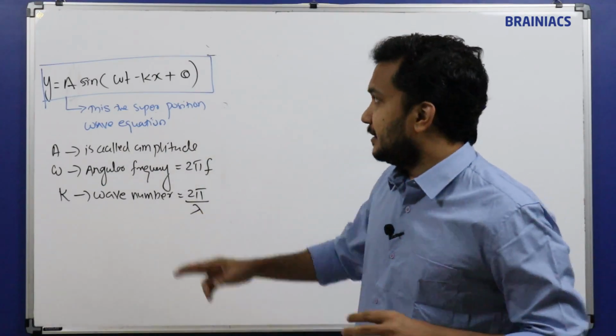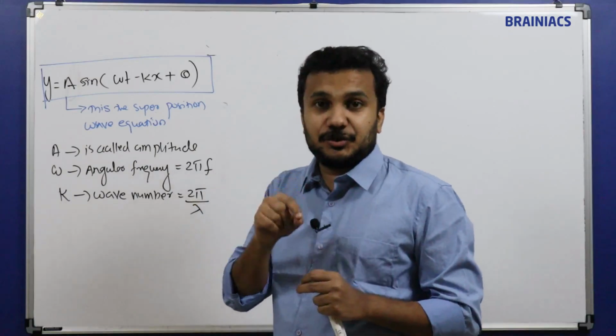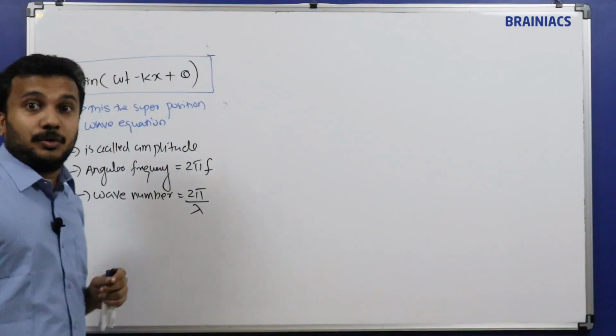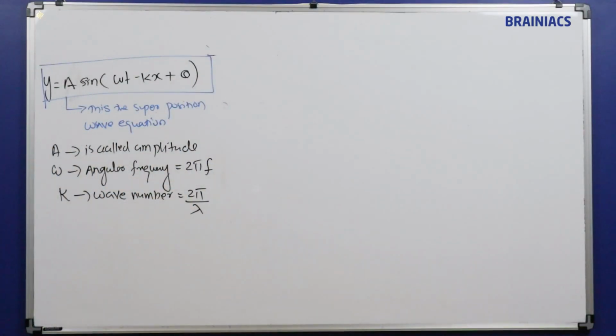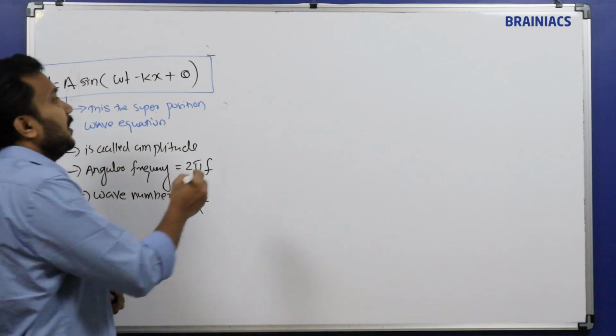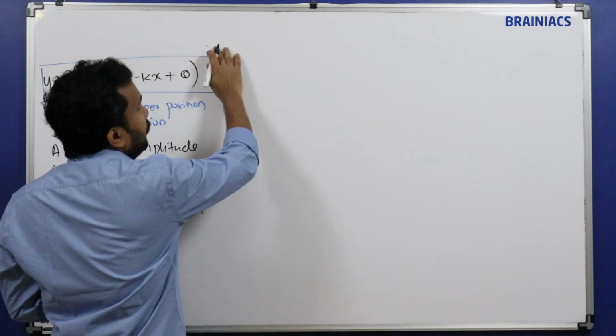So intensity is related with amplitude. That is the interest of our topic. So we are going to see the term which is called the intensity of the wave. In order to see the intensity of the wave, we know capital A. We want to find out the capital A values. We have written two terms.